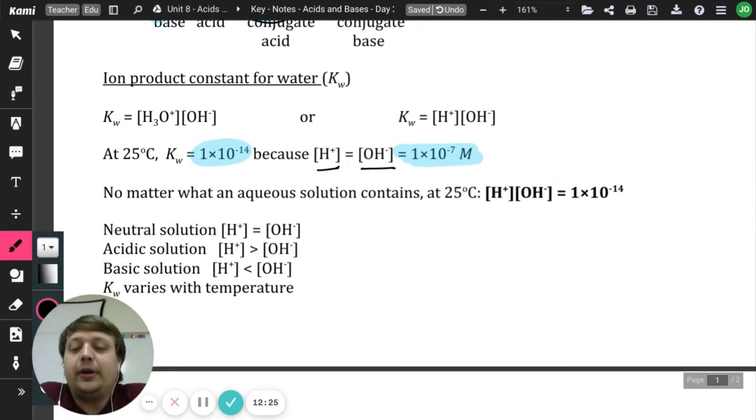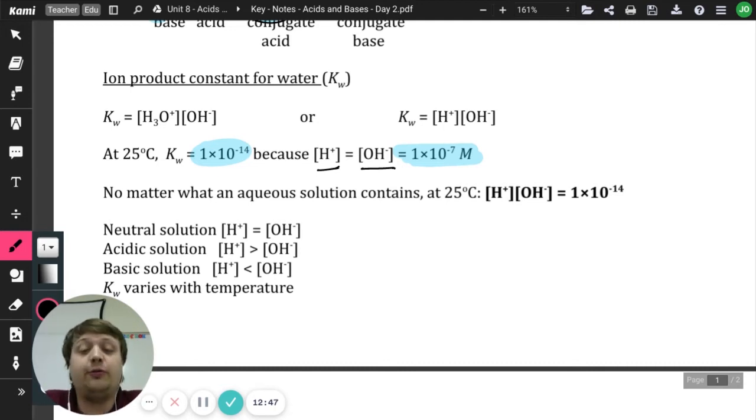All right. Again, no matter what an aqueous solution contains at 25 degrees Celsius, its hydrogen and hydroxide concentrations multiplied are going to equal 1 times 10 to the negative 14. And so this is why when we talk about pH, we talk about a scale of 1 to 14, right?